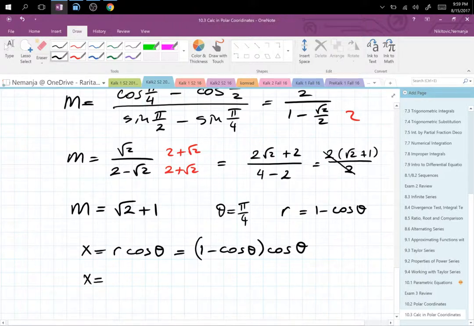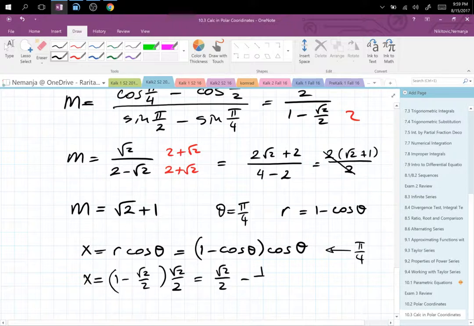So how much is x? It's going to be 1 minus root 2 over 2, everything times root 2 over 2, because when you plug in pi over 4, cosine of pi over 4 is root 2 over 2. This gives us root 2 over 2 minus a half, because root 2 times root 2 is 2 over 4, and then cancels to a half.